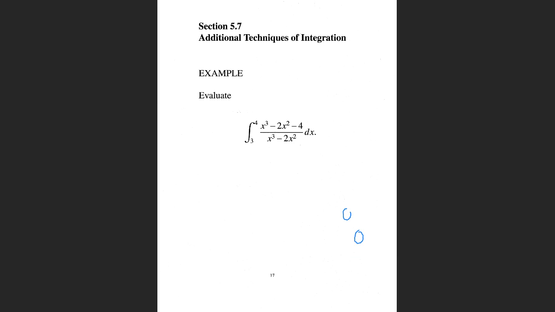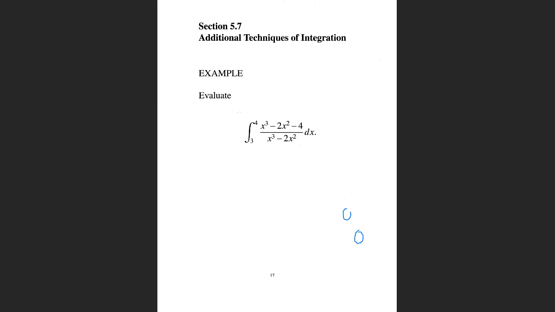The problems that you have seen so far are problems where the degree of the numerator in the rational function is less than the degree of the denominator.